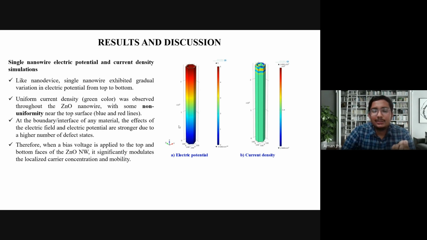Now, why is this? It is because at the boundary or the interface of any material where the gas is going to be adsorbed, the effect of the electric field on the electric potential is most strong. Therefore, when a bias voltage is applied to the top and bottom faces, it significantly modulates the localized carrier concentration and mobility, which we can observe by the current density variation.